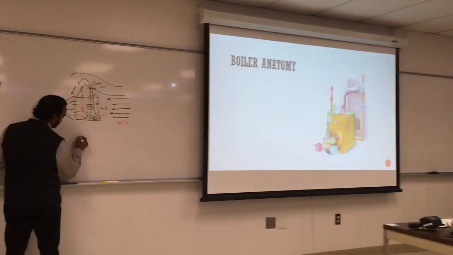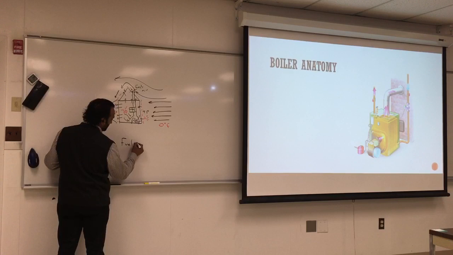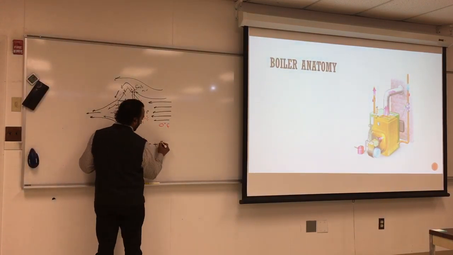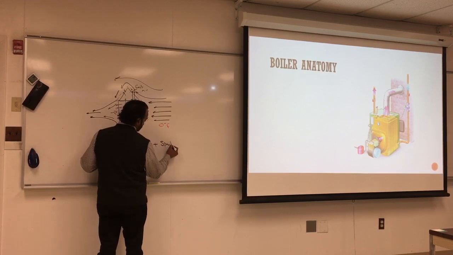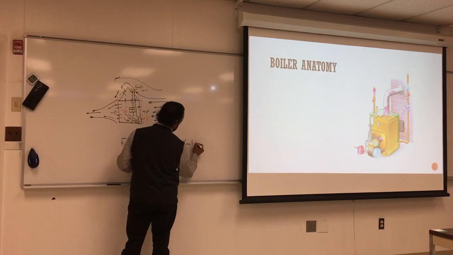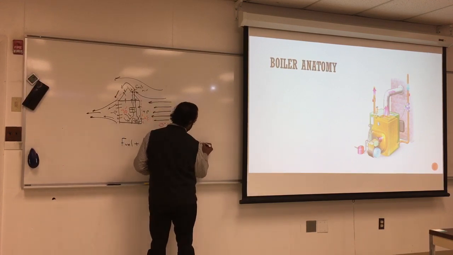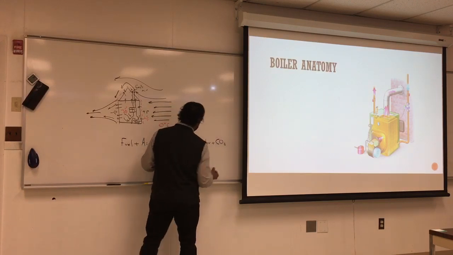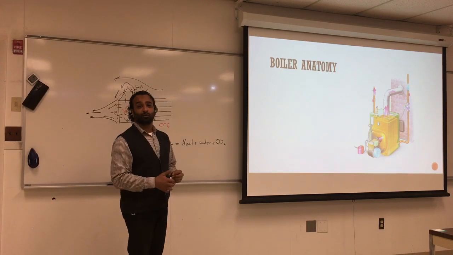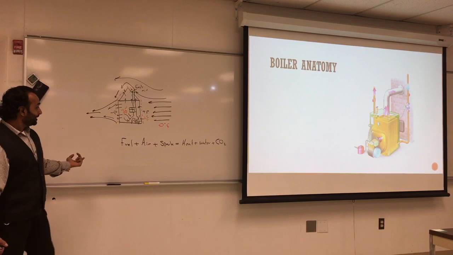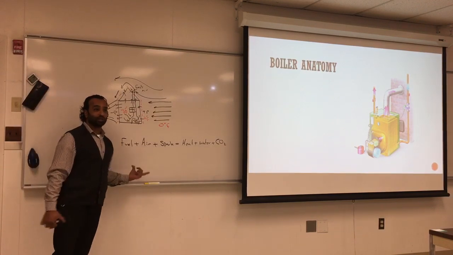So you need fuel plus air plus spark, gives heat plus water plus CO2 plus other stuff that you don't want. Ideally, it's what you want. This equation will be in the oil burner exam, and you have to know these components.